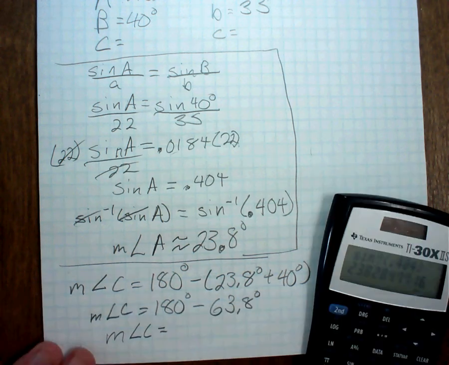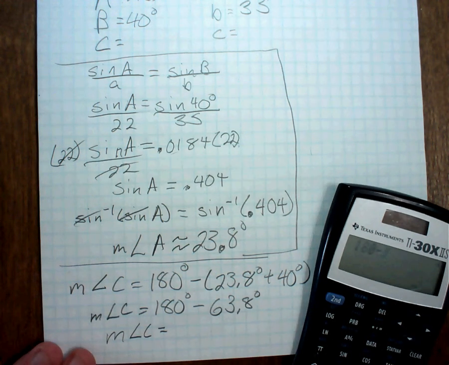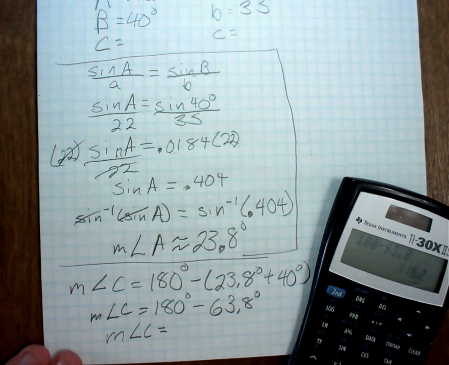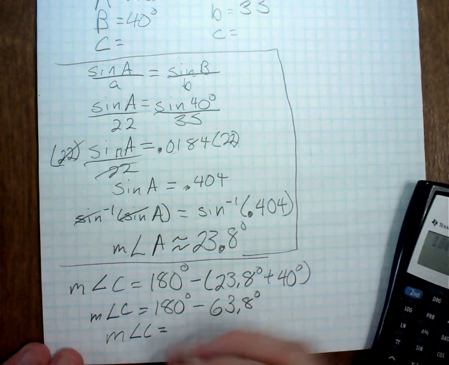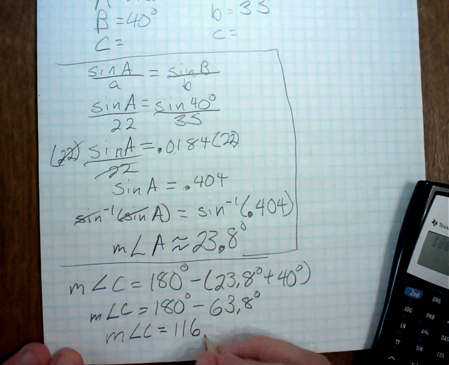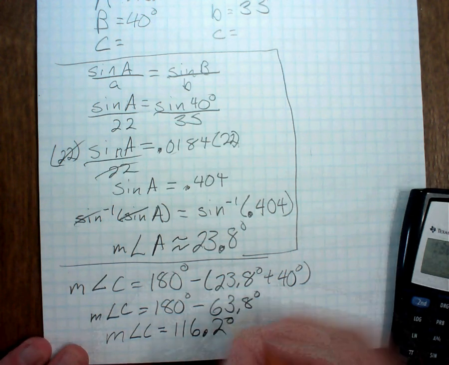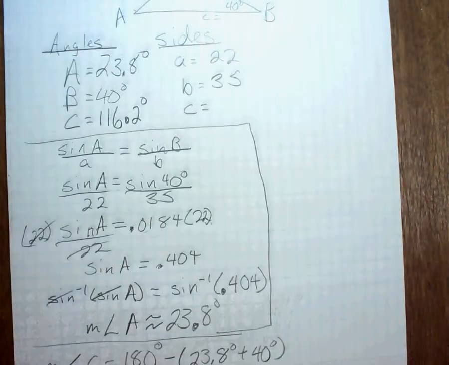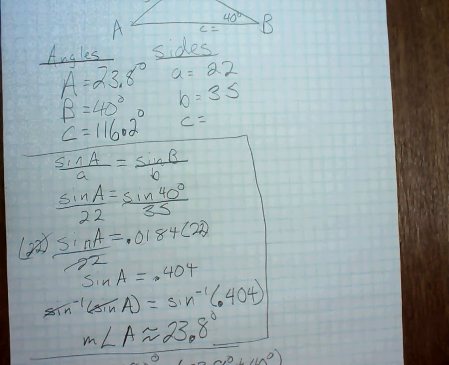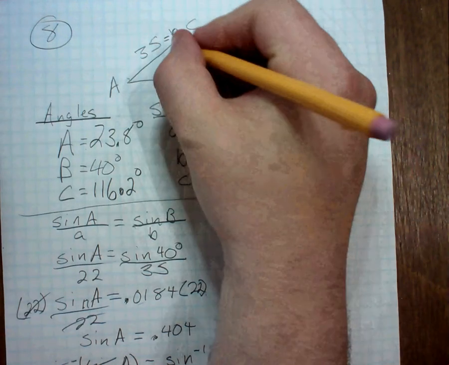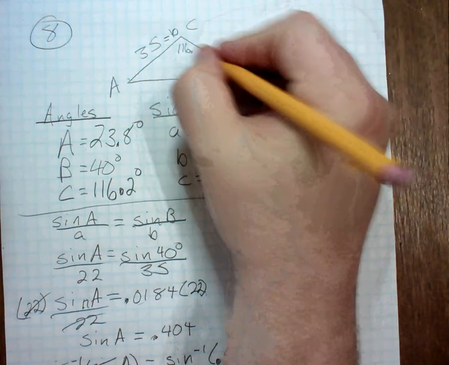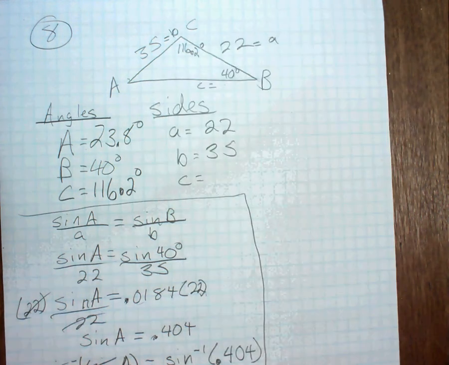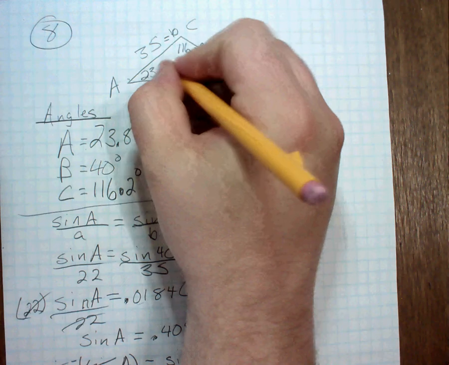So if I say 180 minus 63.8, I get 116.2. So this is 116.2 degrees. Alright, so now to finish this thing, this is 116.2 degrees, and I found that A was 23.8 degrees.